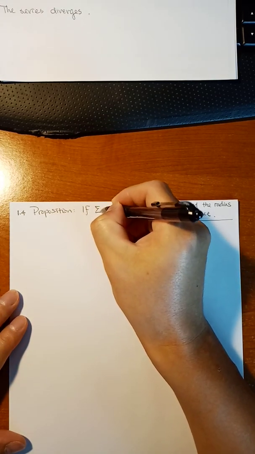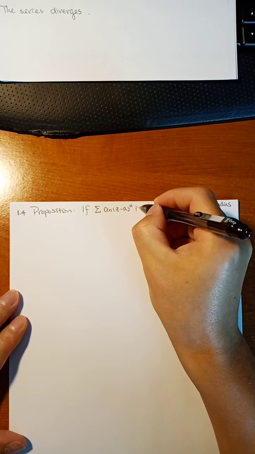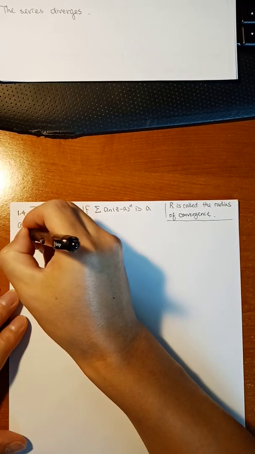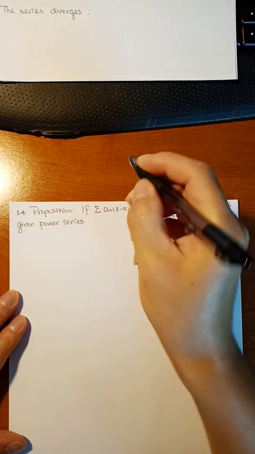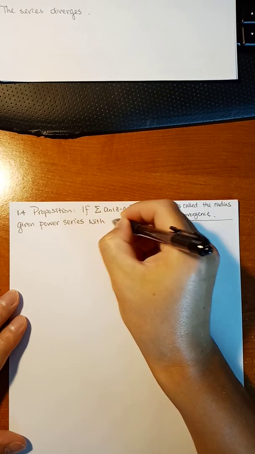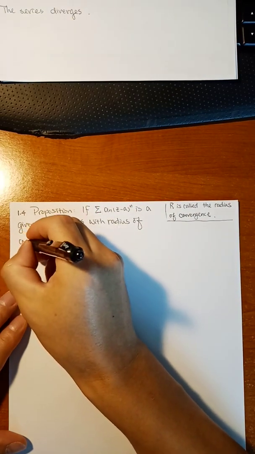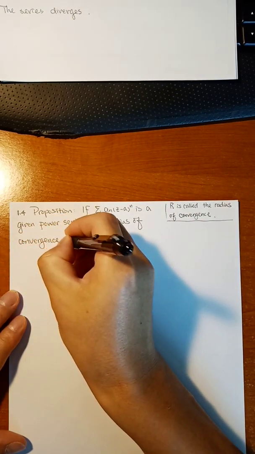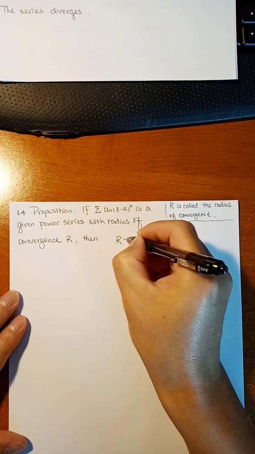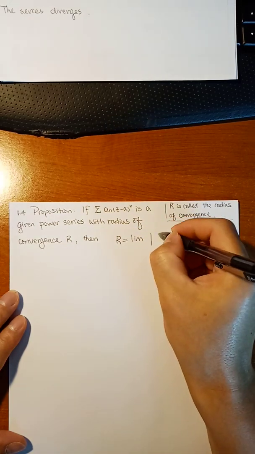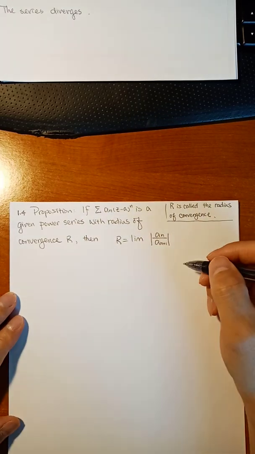So if the series a sub n (z minus a) to the nth power is a given power series with radius of convergence r, then this r is also equal to the limit of the absolute value of a n over a n plus 1.